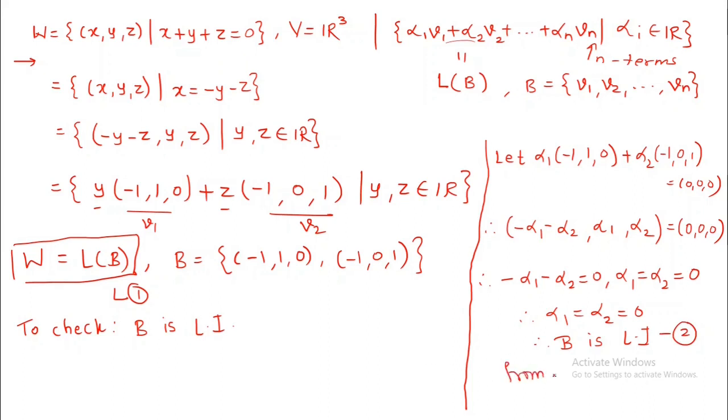So from 1 and 2 you can say that B is a basis of W. So what is the dimension of W? Since the basis set contains 2 vectors, the dimension of W is 2. So that is what we wanted to do here.